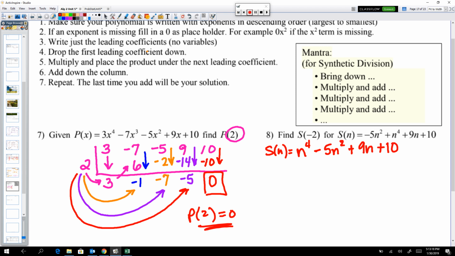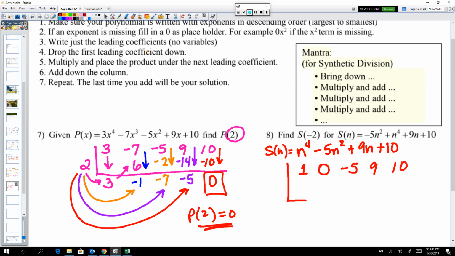So the n to the 4th power term has a leading coefficient of 1. It has an invisible 1. The n to the 3rd power was missing, so I need to put a placeholder 0. The n to the 2nd power has a -5. The n to the 1 power has a 9. And then the n to the 0 power has a 10.